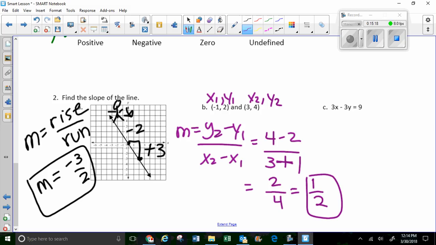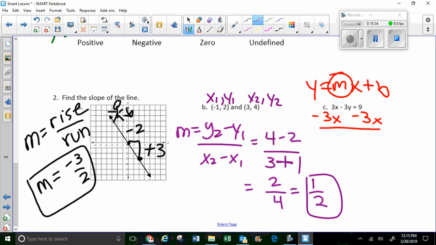And then last, to find slope from an equation, we use yet another equation. y equals mx plus b, where m is the slope. So we've got to solve this equation for y. Start by moving your x term to the other side. So subtract 3x on both sides. Drop down your negative 3y equals, put your x term first, always.